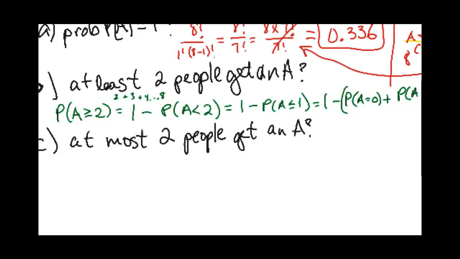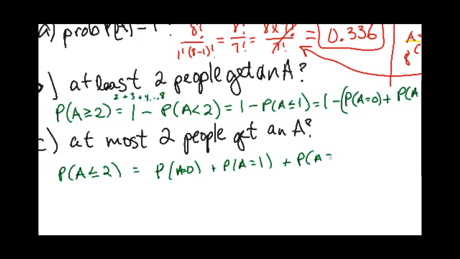Alright, so then we look at at most 2 people. So at most 2 people would be A is less than or equal to 2. Now the question here is, is it better to use the complement rule or just to calculate less than or equal to 2? Well, in this case, I would think that it'd be easier just to do the probability of A equals 0 plus the probability of A equals 1 plus the probability of A equals 2, right?